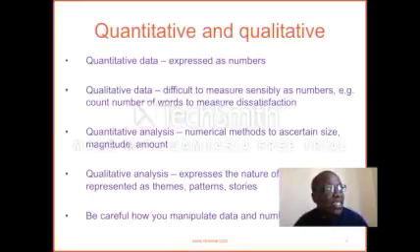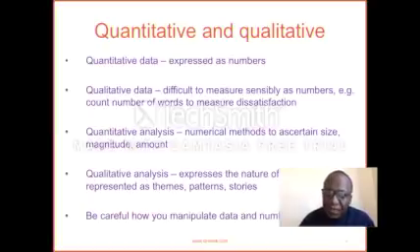With qualitative, you're looking at themes, patterns, coming up with stories, user stories, say, for use of a certain technology. Okay, so it's very important that you're careful how you manipulate data and numbers.